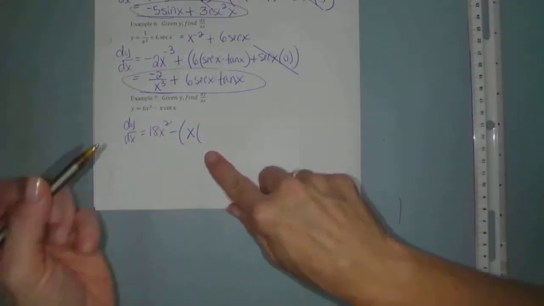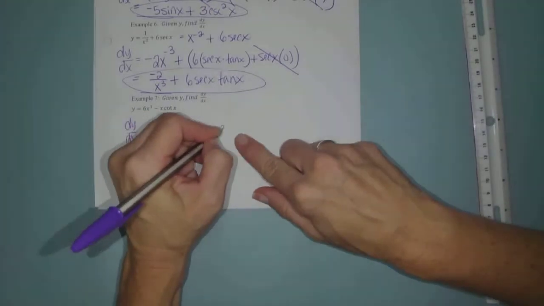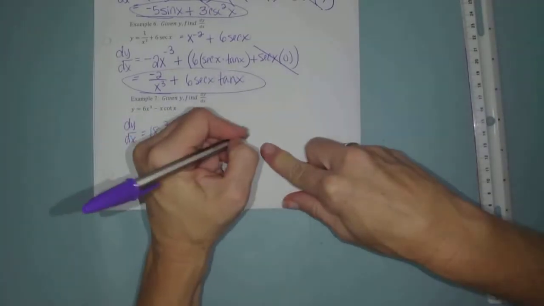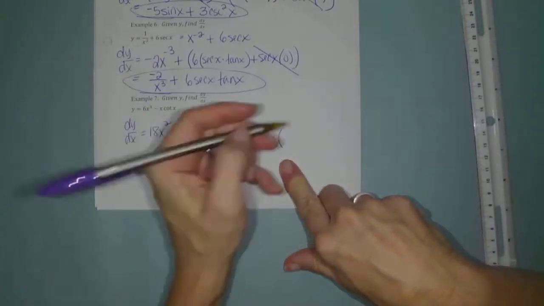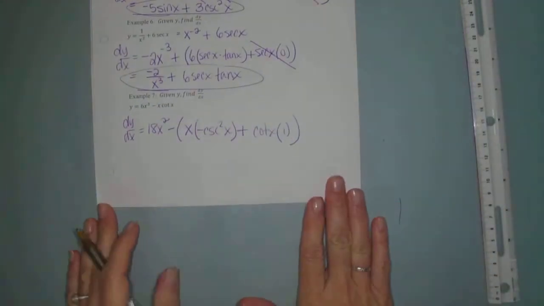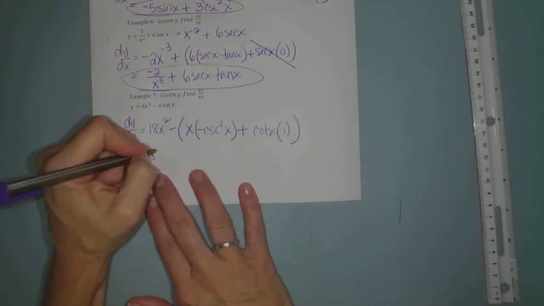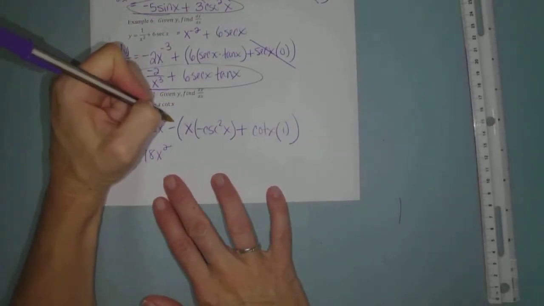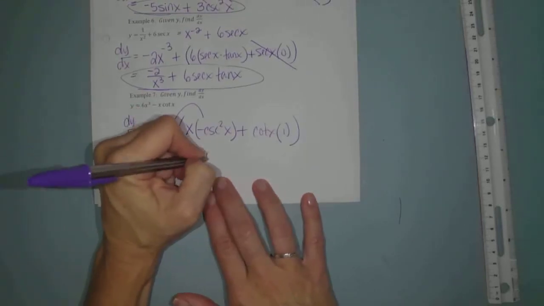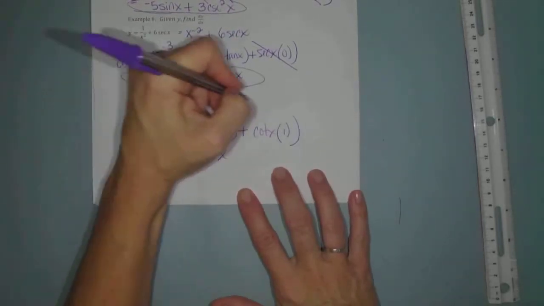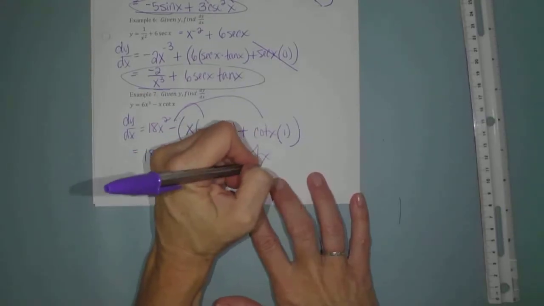The derivative of cotangent x is negative cosecant squared x plus the second, cotangent x, times the derivative of the first, which is 1. So my final answer, 18x squared. Here, this negative times this negative will give me plus x cosecant squared x, and then minus cotan x.